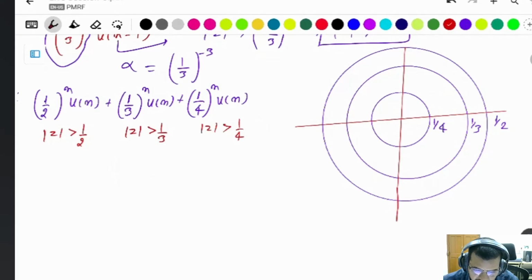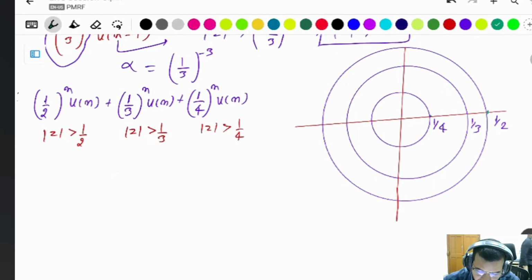Then what is the actual ROC of this system? For this system, ROC should be greater than 1 by 4, it means here, but here it is defined as ROC greater than 1 by 3, and this one is ROC greater than 1 by 2. This is the 1 by 2.